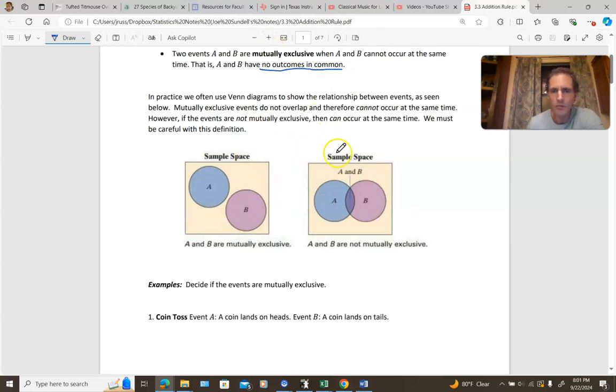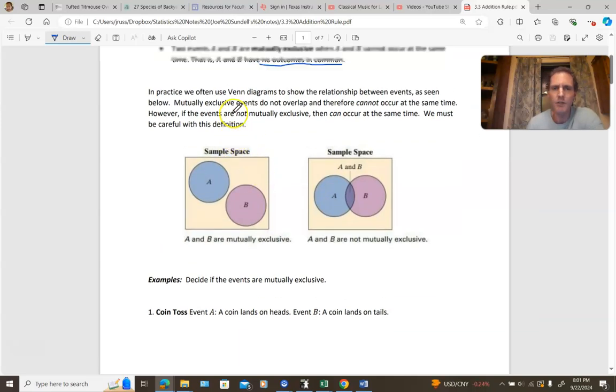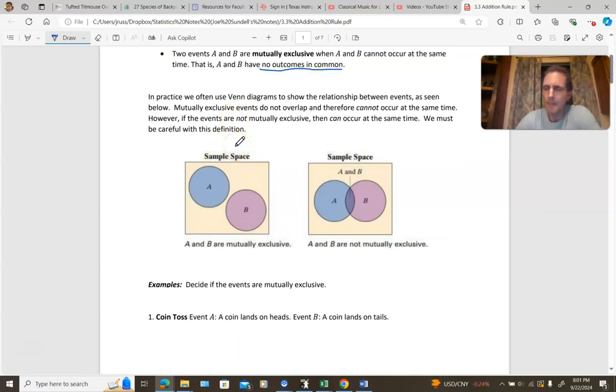are both what are referred to as Venn diagrams. They're a convenient way for us to visualize what's going on when we start talking about the probability of events.